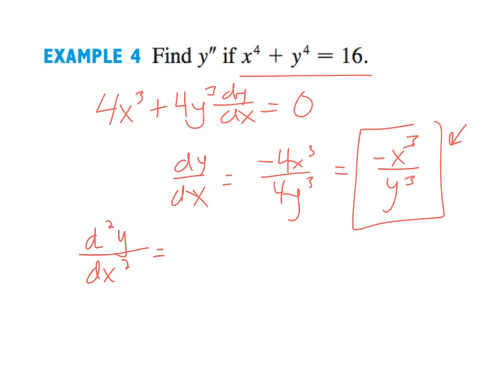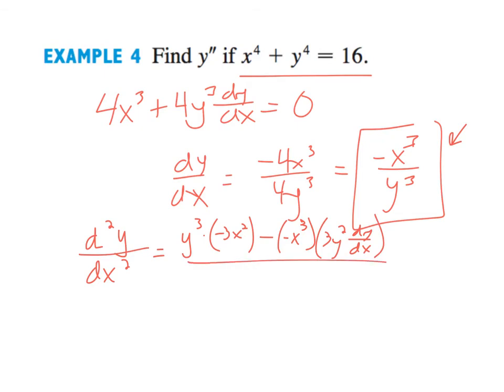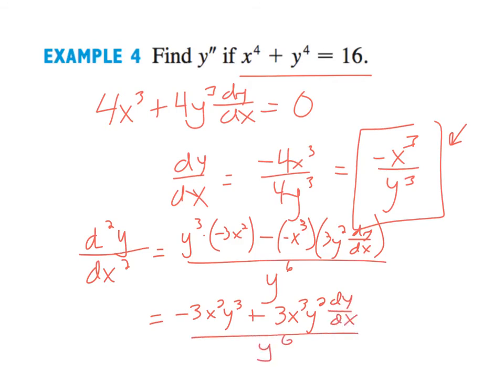If I do the bottom function first, which is y cubed, multiplied by the derivative of the top, and I know I'm not following the formula here, just doing some shortcuts, minus the top function multiplied by the derivative of the bottom, which the derivative of y cubed would be 3y squared, but since you took the derivative, we have to add that dy dx, over the bottom squared, which ends up being y to the sixth. If I clean things up a little bit, it'd be negative 3x squared y cubed plus 3x cubed y squared dy dx all over y to the sixth.